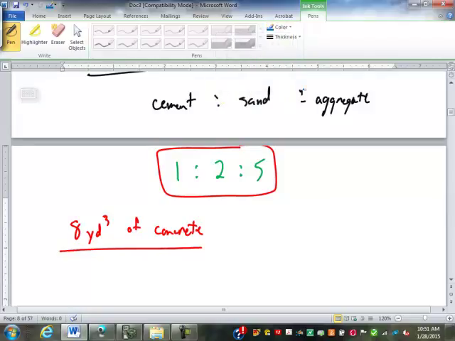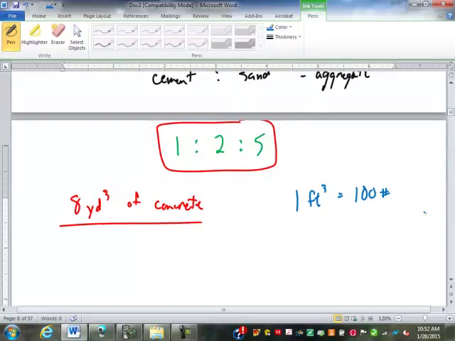Well, the first thing I would do if I was mixing this myself is I would convert cubic yards into cubic feet. Most of the ingredients, especially bag cement, come in either 1 cubic foot bags or 1/2 cubic foot bags. Do you know how you can tell? 1 cubic foot is usually about 100 pounds. So if it's a 50-pound bag, it's a 1/2 cubic foot. If it's a 100-pound bag, it's a full cubic foot.